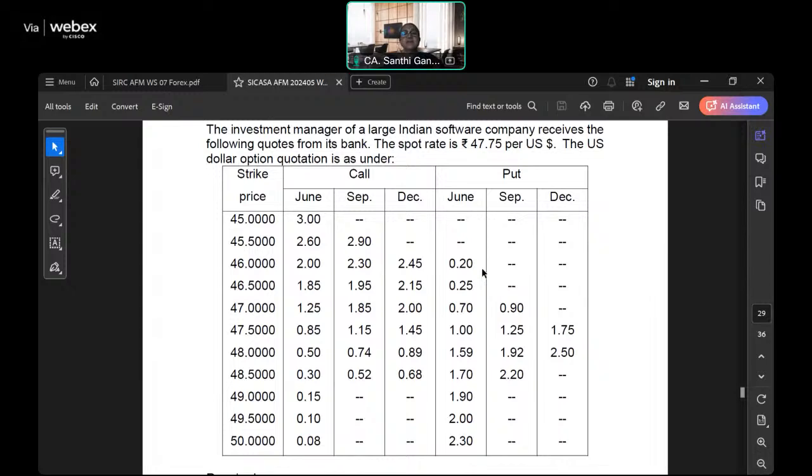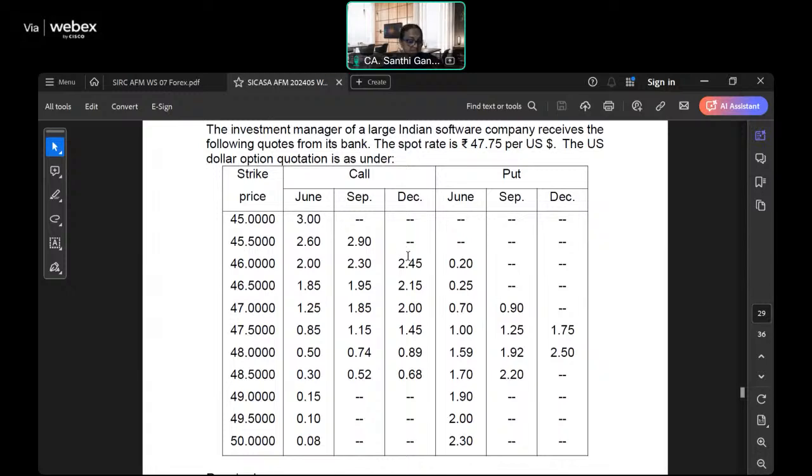And you will observe that for June, the premium is less as compared to September, which is less as compared to December. This is because as you have more time, time value will increase. That is the reason why it is like that. For the same strike price, if you look at June, it has the least. If you look at September, it is more.